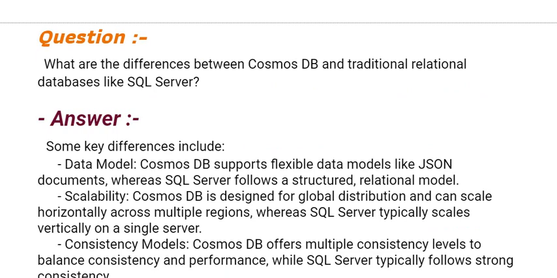Cosmos DB supports flexible data models like JSON documents, whereas SQL Server uses a structured relational model. The next one is scalability. Cosmos DB is designed for global distribution and can scale horizontally across multiple regions, whereas SQL Server typically scales vertically on a single server.